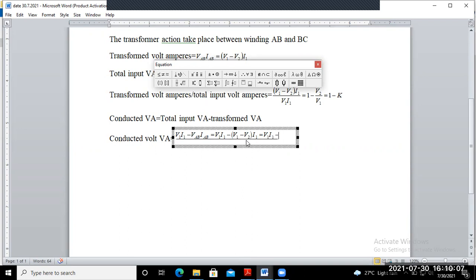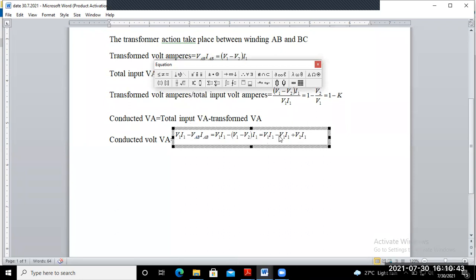So how much can we write here? V1 I1 minus V1 I1 plus V2 I1.